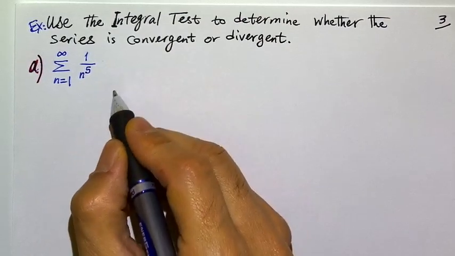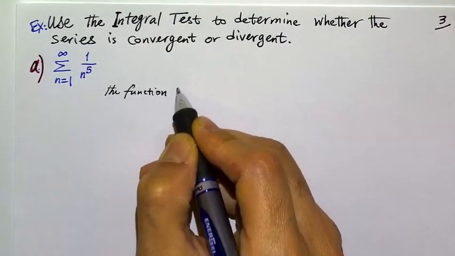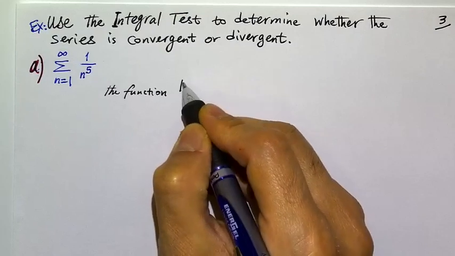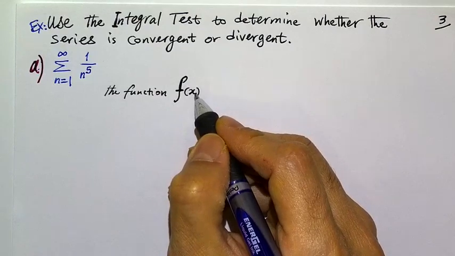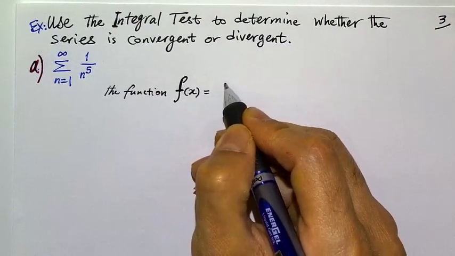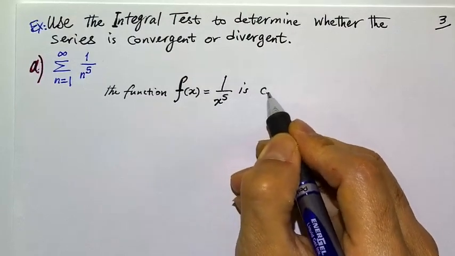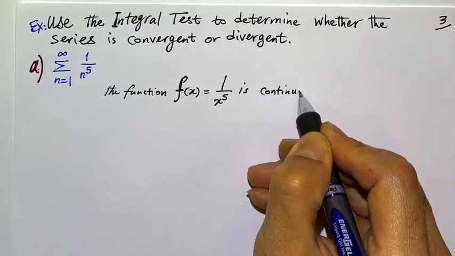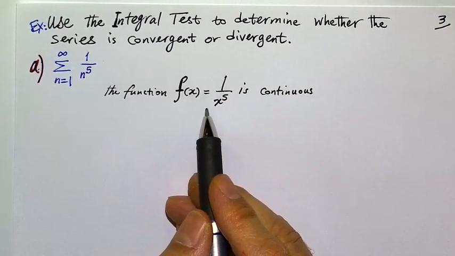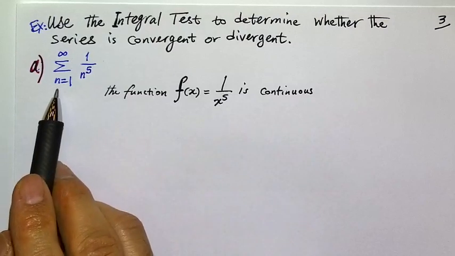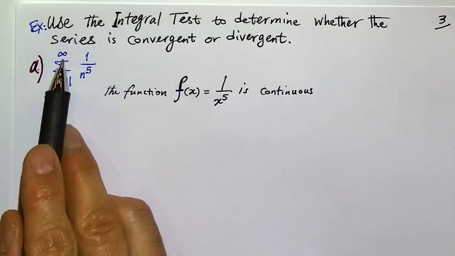So we can say that the function f of x equals 1 over x to the 5th power is continuous. Of course, at 0, it does not exist, this function. But we don't care, because look where the integral will start. It will start at 1 going to infinity.